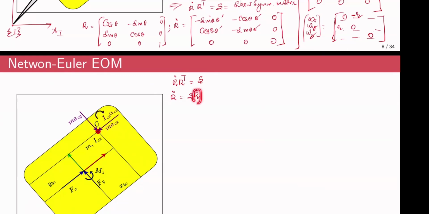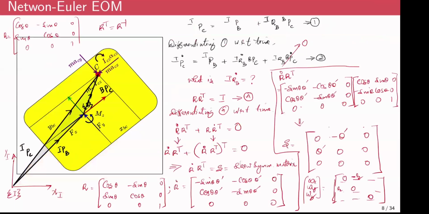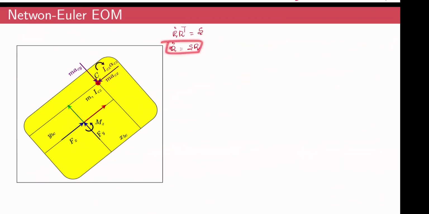So R dot is nothing but S times R. Once we have obtained that inference, we can go back to equation 2 and replace this R dot by this SR.